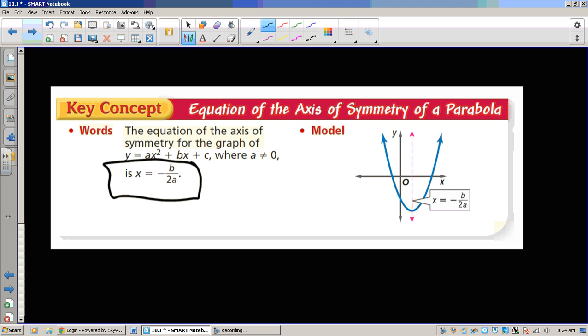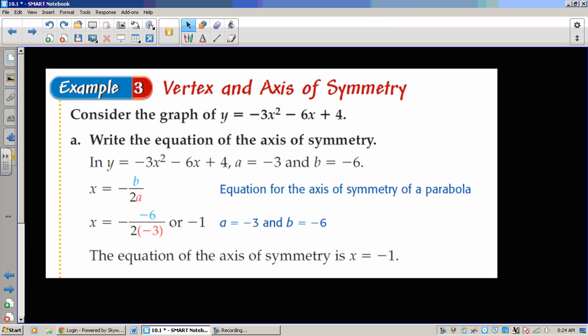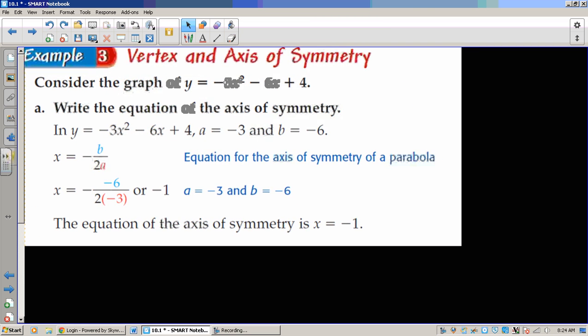x equals negative b over 2a. So considering the graph y equals negative 3x squared minus 6x plus 4, we can write this equation in terms of a and b. I know it's done here for us, but I want to show you for a second.